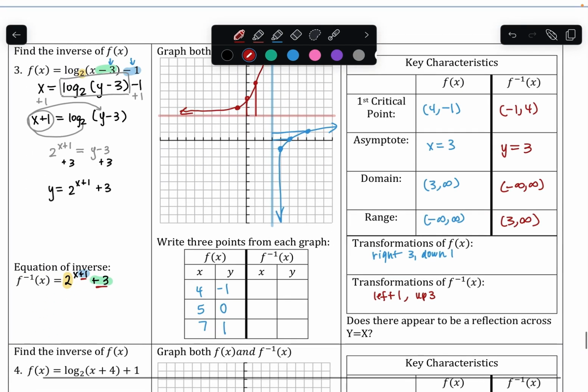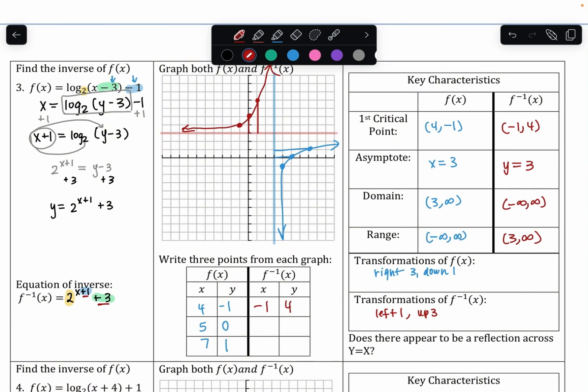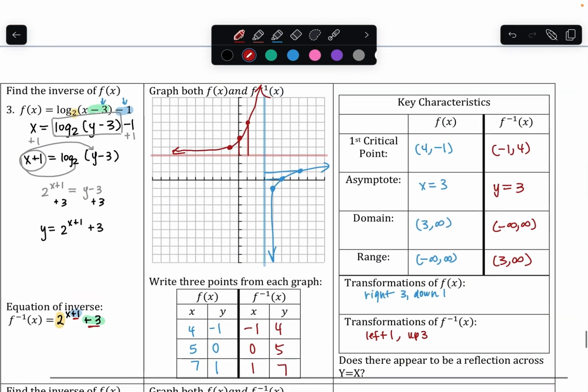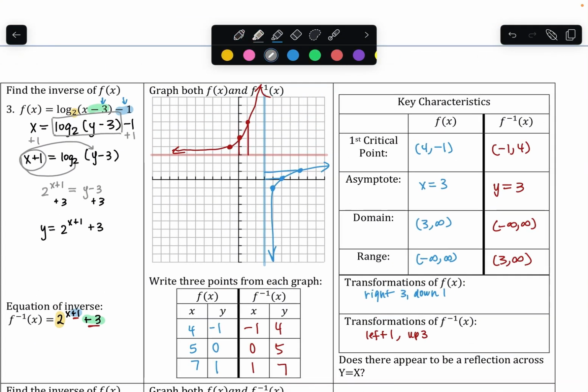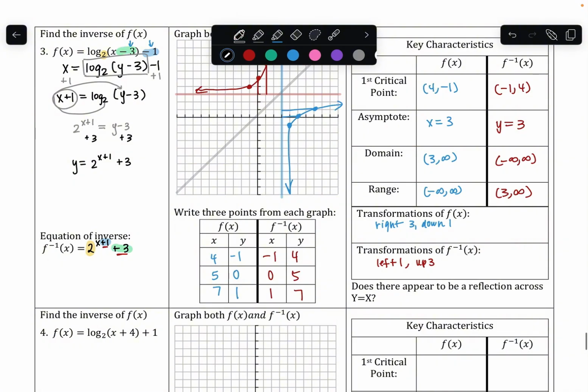And then if we were to write down our 3 points that we were able to graph using transformations, it would be -1, 4, 0, 5, and then 1, 7. All the points are flipped. And then if I graph my y = x line, I see that they are reflections across that axis.